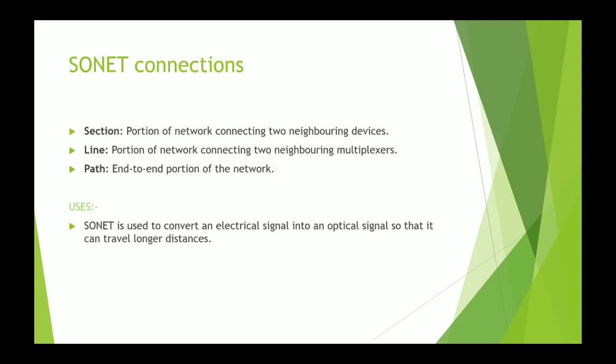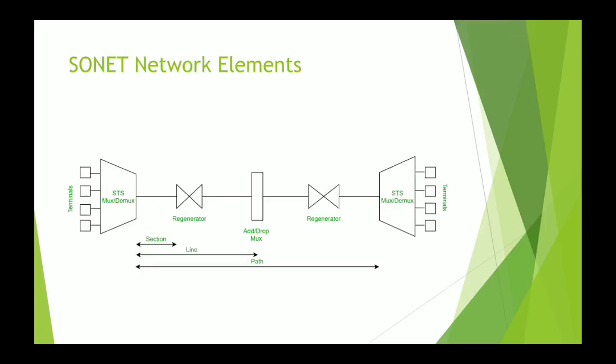Then let's move on to the topic Sonet connections. There are three connections in Sonet: section connection, line connection, path connection. Section connection is the portion of the network connecting two neighboring devices. Here in this block diagram we can see that STS multiplexer and regenerator are connected in a section connection.